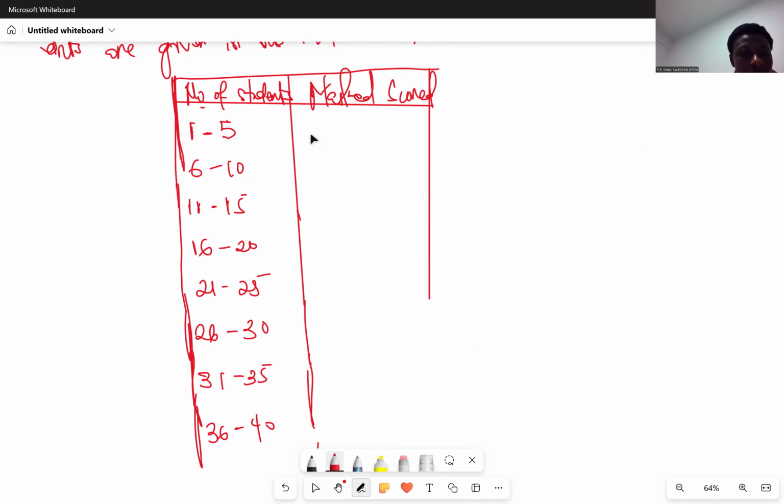Then with a max score, we have 2, 5, 9, 6, 3, 4, 5, then 1.